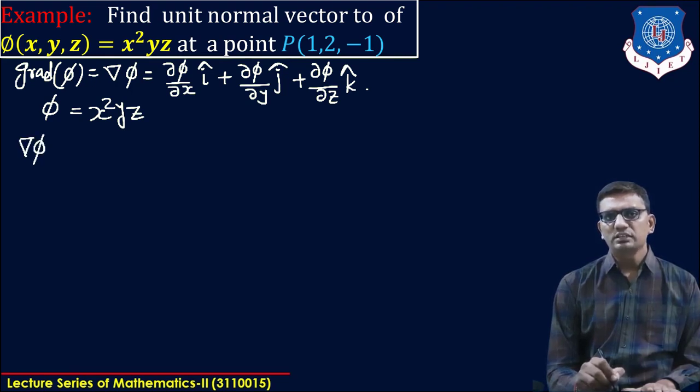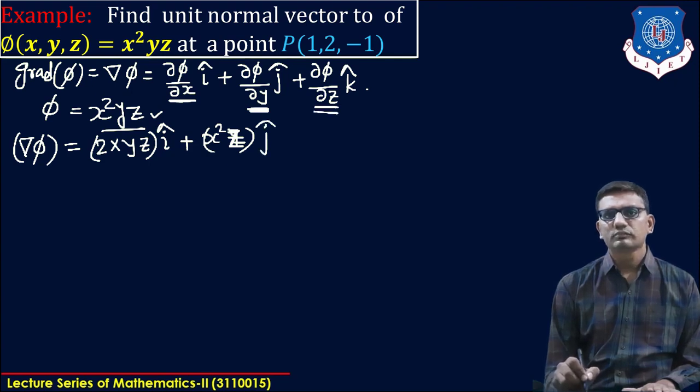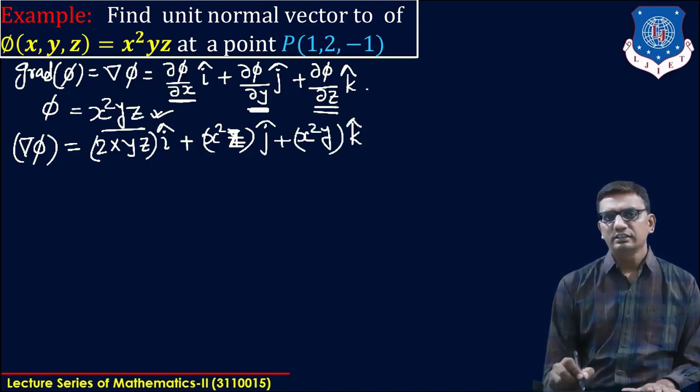So del phi equals 2xyz i caret plus x square z j caret plus x square y k caret, which is our gradient of the given function x square yz.